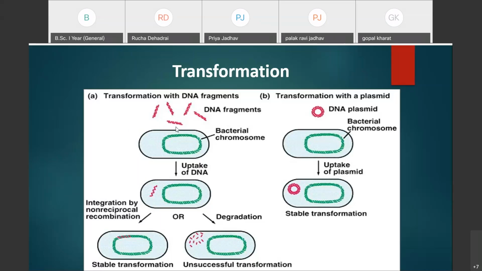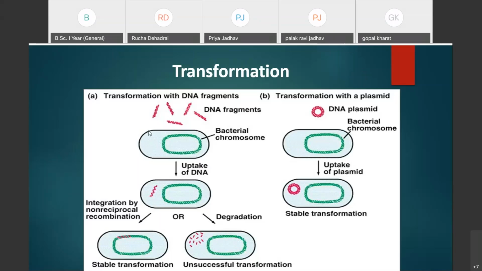During this process the rigid cell wall of the bacterial cell can transport relatively larger DNA molecules.